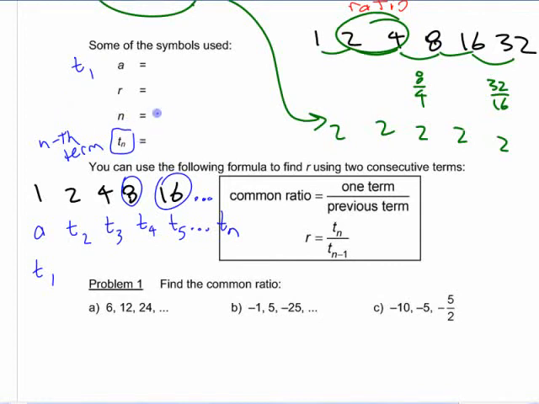I don't know why I'm writing it on the left there, by the way. Number of terms or term number. And r is the common ratio.